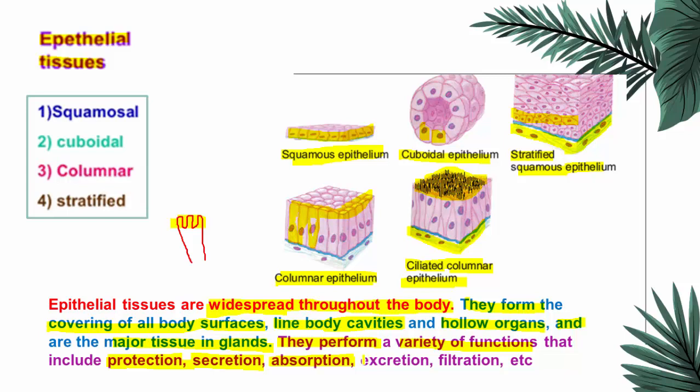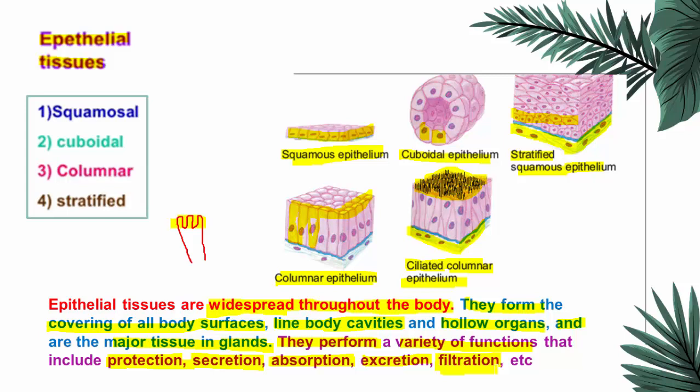Apart from that, they also help in excretion, removal of unwanted material from the body, then filtration, preventing unwanted materials from entering into the internal body parts. All these functions are carried out by epithelial tissues.